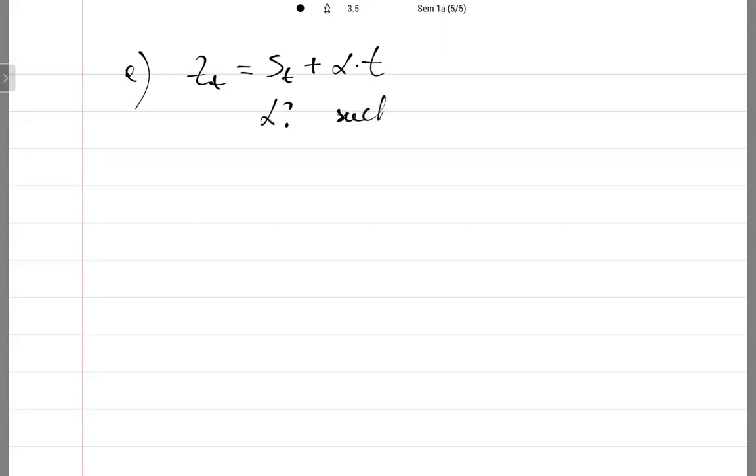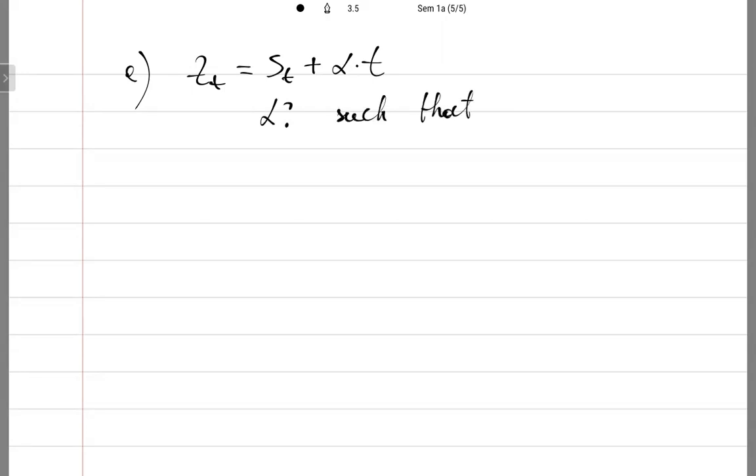Okay, let's transform X and S into martingales, but not by changing probabilities, by applying some transformations to them. First, let's create ZT, that is ST plus alpha times T. My question is to find alpha such that... I do not change probabilities.